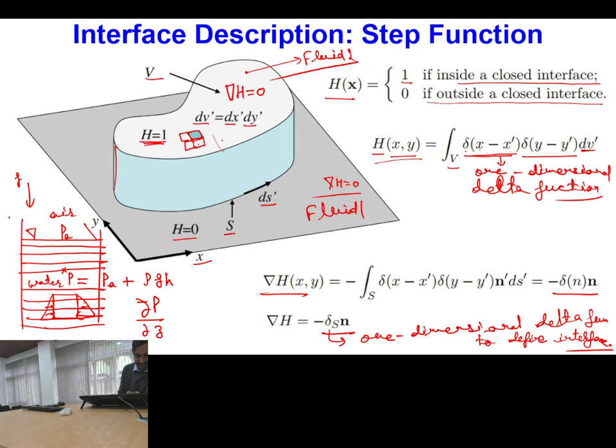If this is my direction z, del p by del z is equal to minus rho g. That is something we do. So I am calculating the gradient of pressure, and the gradient of pressure is becoming equal to the gravity force. So it means it is pointing in the normal direction.